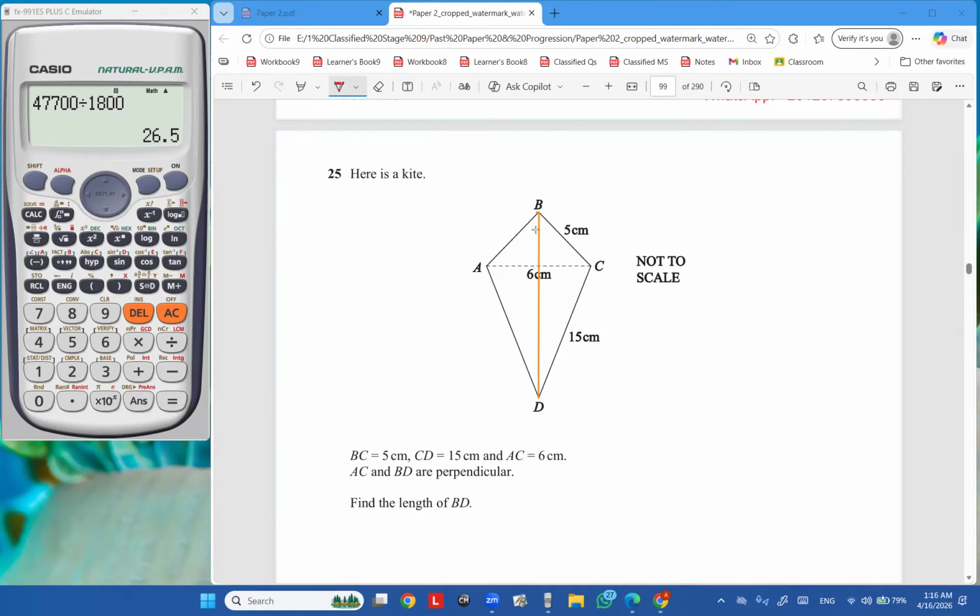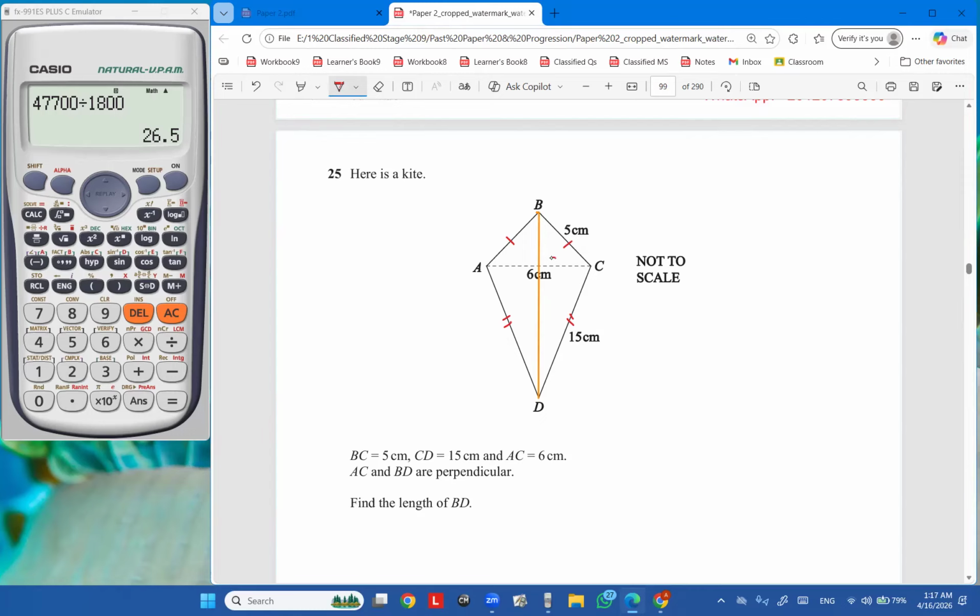We know that this here is 5, and the kite has these two pairs of sides equal, and these two pairs are also equal, right? And also, this is being bisected. This is 6 centimeters, all of it.